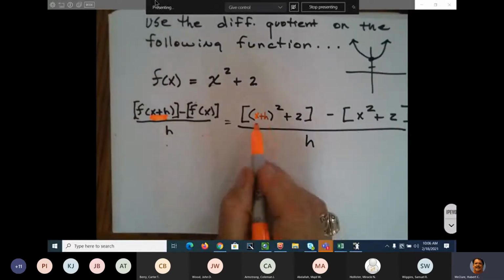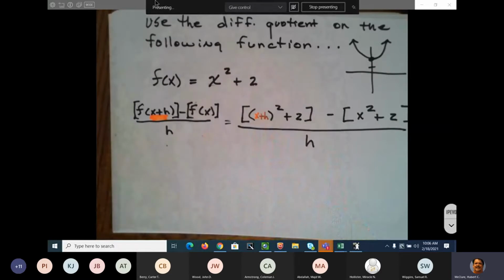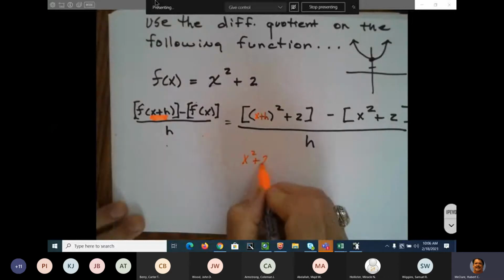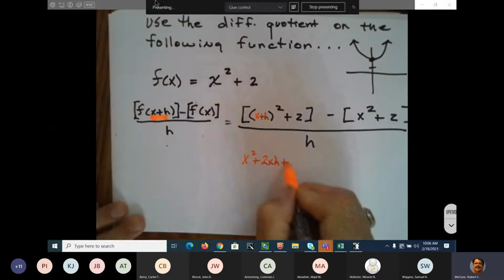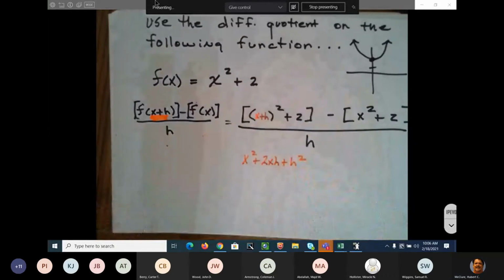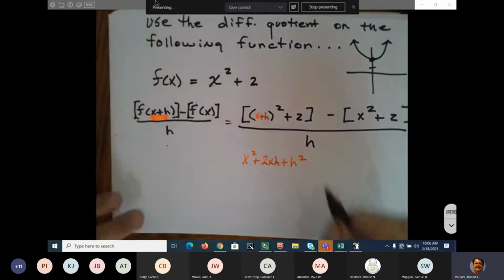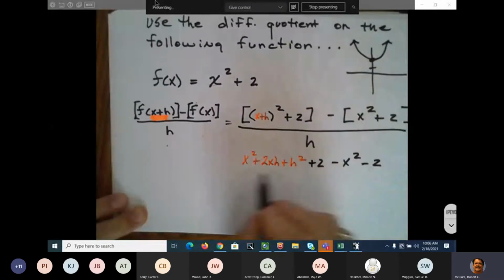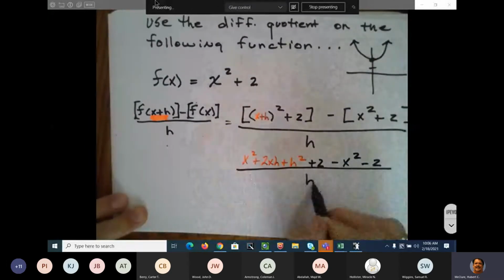Now, you're going to do shortcut number 1, which some of y'all have refused to learn. And I'm going to put that in orange too. So that'd be x squared plus 2xh plus h squared. And then I'm going to do the rest in black, plus 2 minus x squared minus 2 over h.